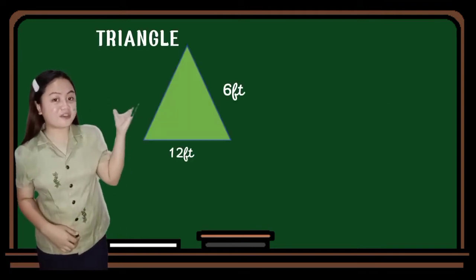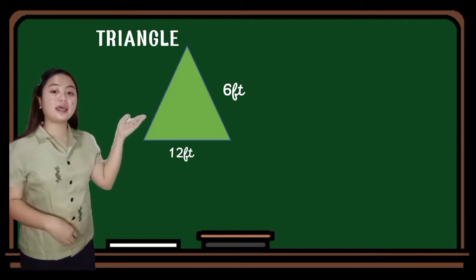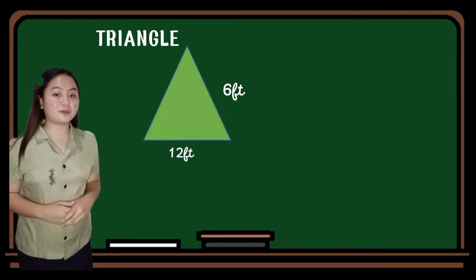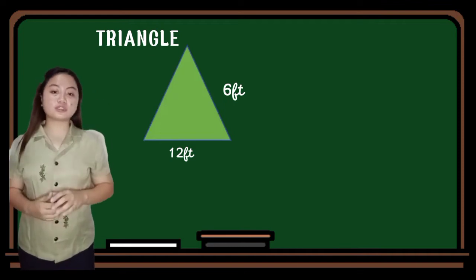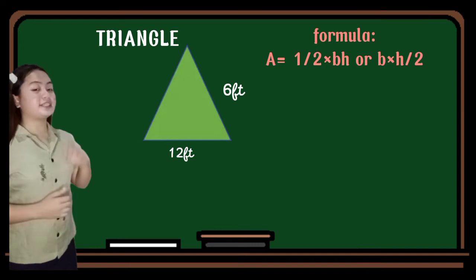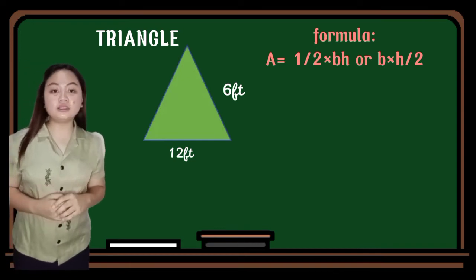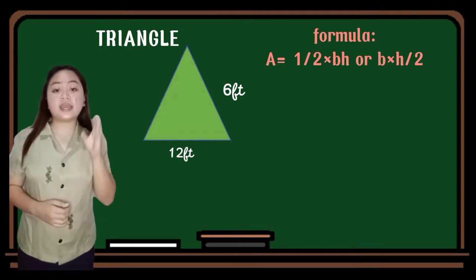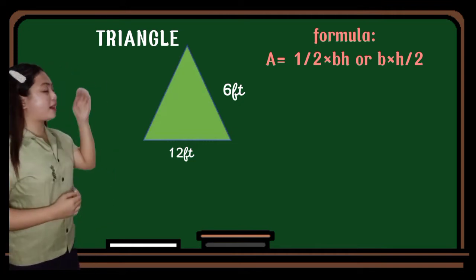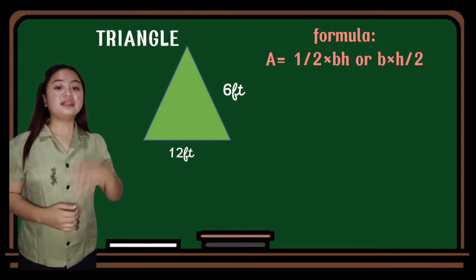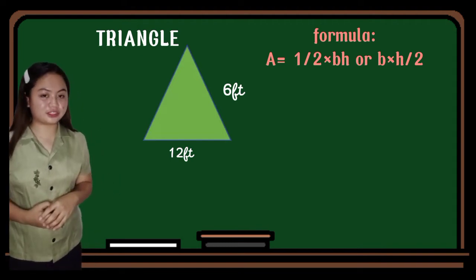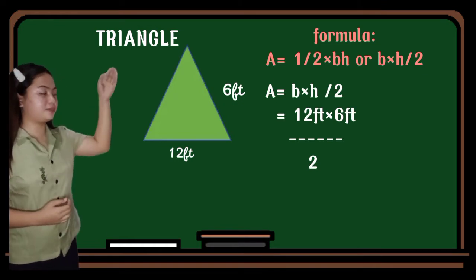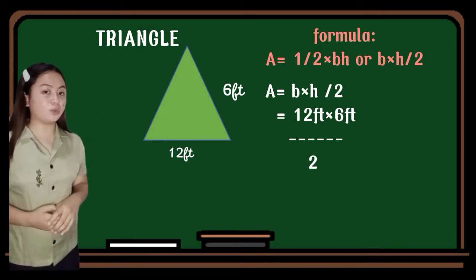Let's have now a triangle. A triangle having its base 12 feet and the height of 6 feet. To find the area of a triangle, we are going to use the formula A is equal to 1/2 times the product of base times height. Or we can use the base times height divided by 2. Now, let's substitute the given values. Our base is 12 feet and our height is 6 feet, divided by 2.